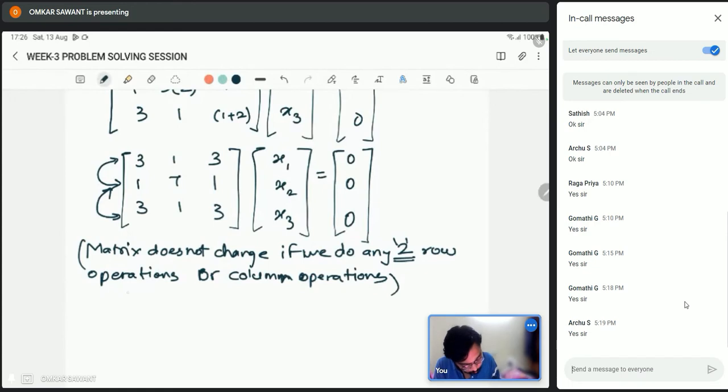So we'll just interchange 171. What we will do is R1 replaced by R2, and R3 is replaced by the new R2. Okay?